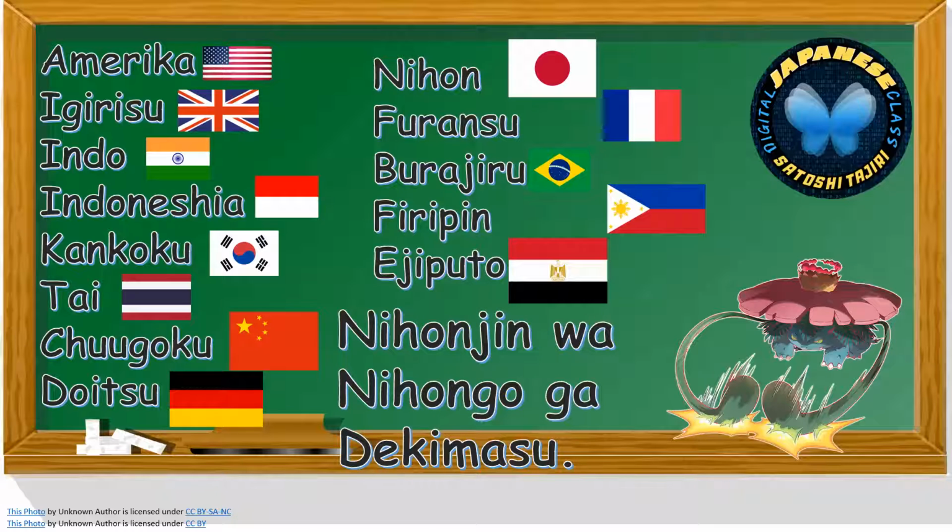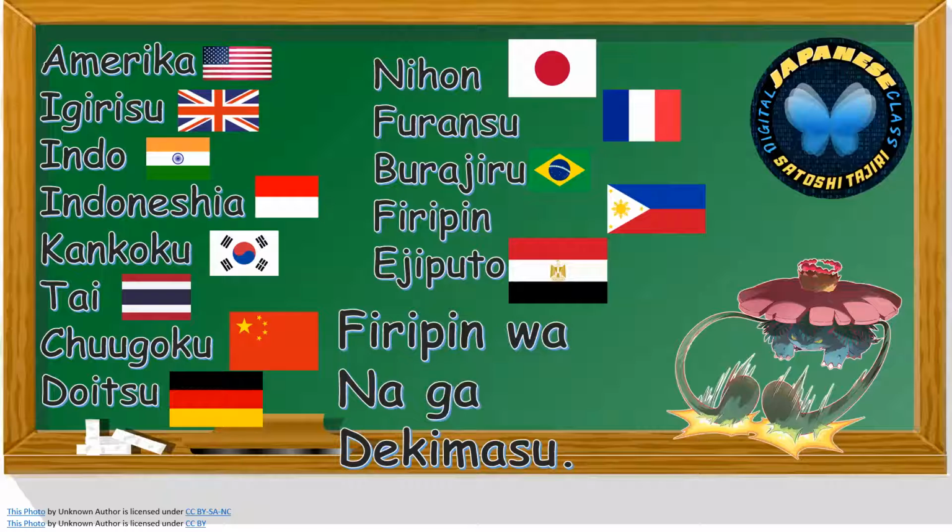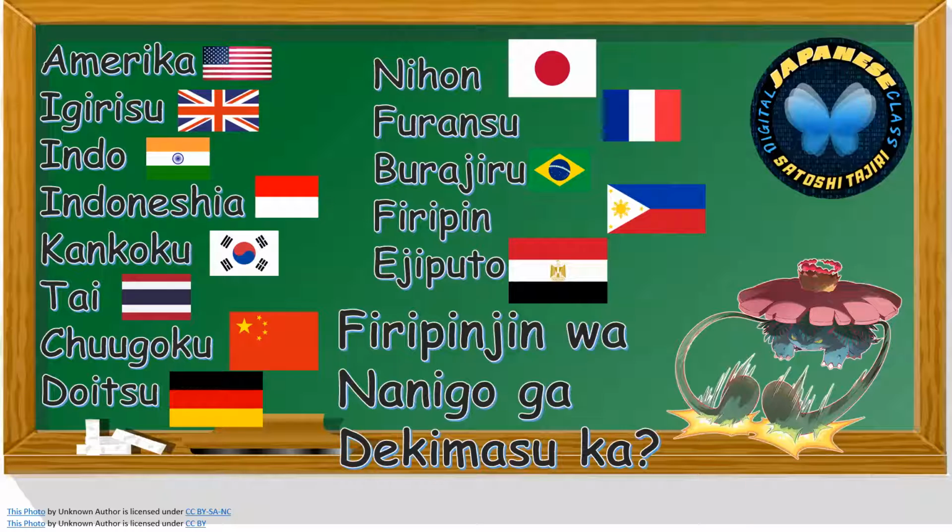Now, how about this one? Let's change the person. Philippine wa, then I will make a question. Nani go ga dekimasu ka? Okay, Philippine Jin, let's add jin here.